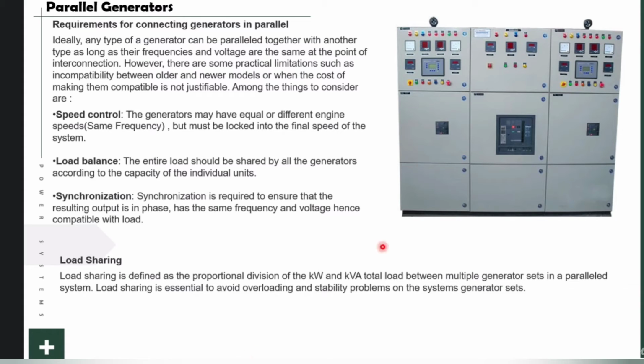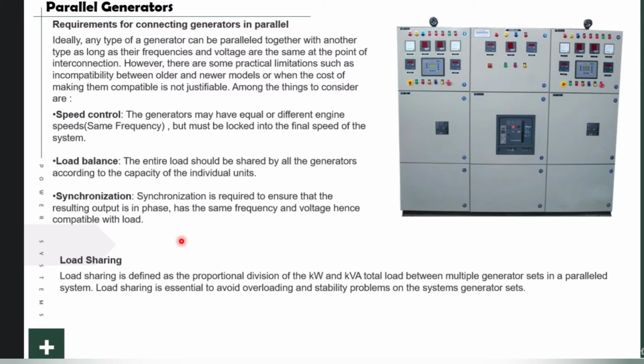And to apply all these conditions, there is a panel board called a synchronization panel. It has sensors connected with the generators and the ATS, and it handles all these conditions. And this operation is called load sharing.